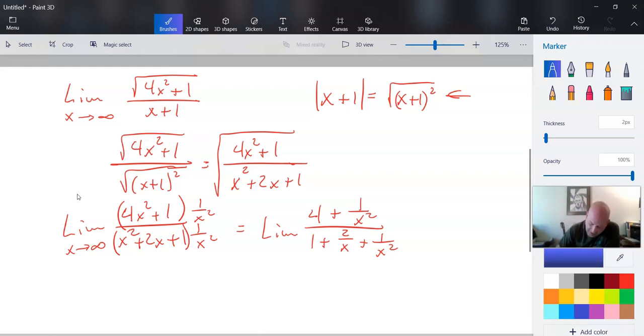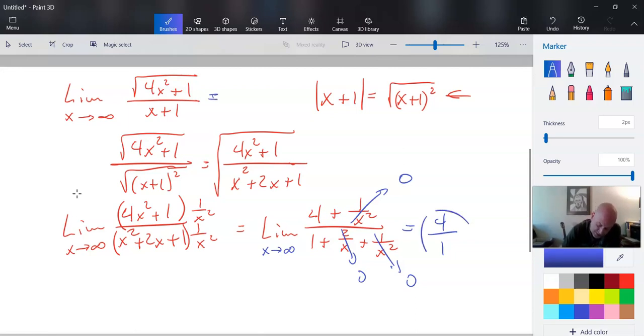Now, if I look at this, when I take this limit as x goes to infinity, that goes to 0, that goes to 0, that goes to 0. And so what I end up with is 4 over 1, right? So what we actually want for this whole limit is going to be the square root of this limit, right? So this is the square root of 4, which is 2.